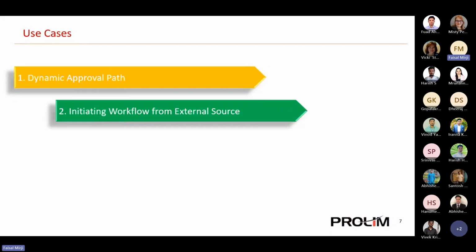Taking the same use case, if you want to trigger the workflow in another application, like if the manager is from another application or other source, we can just configure REST API connections and send the data of this leave. While the data is fetched through the REST API in the other application, we can call the workflow there, and that particular manager will be notified.